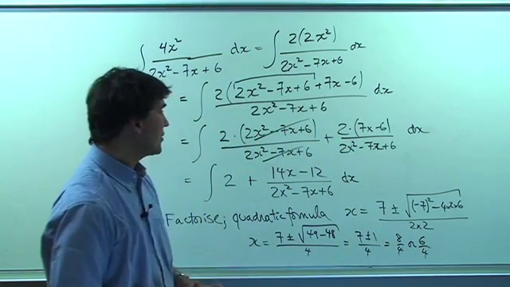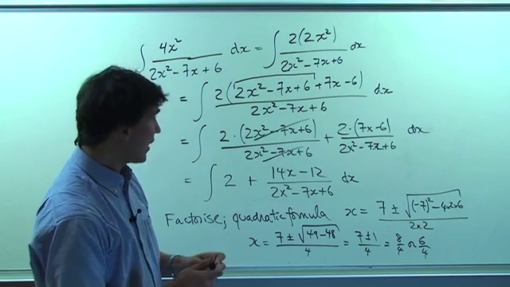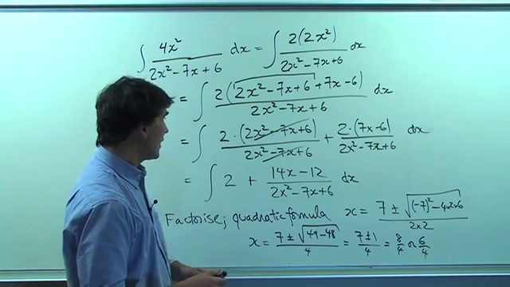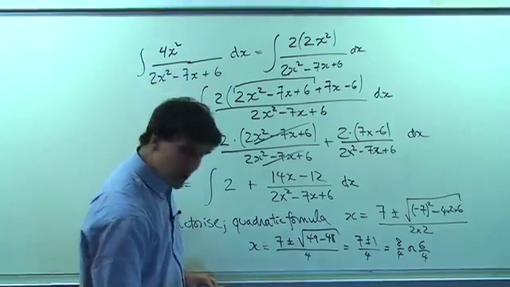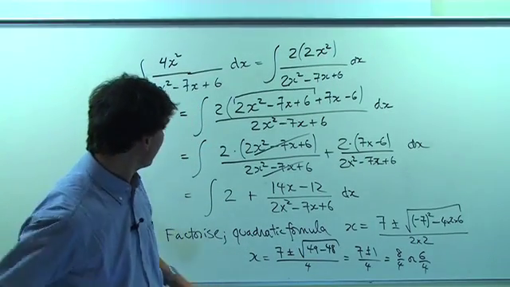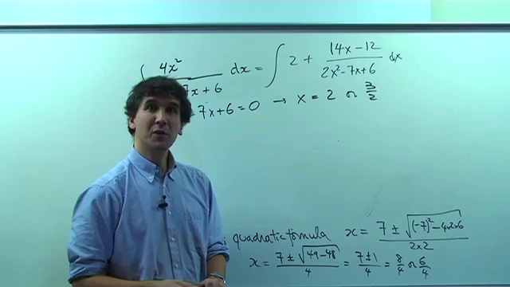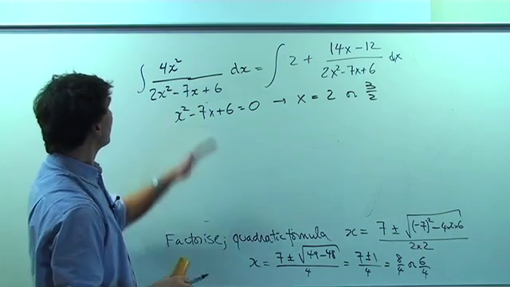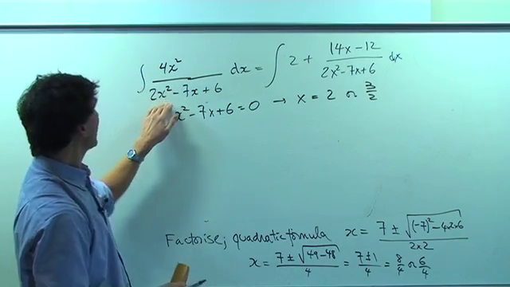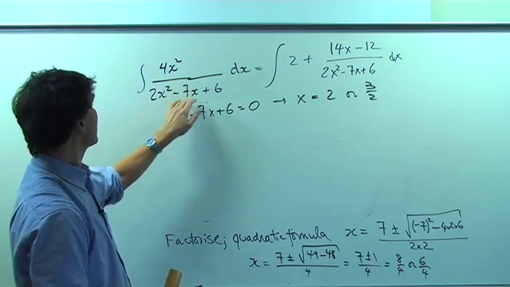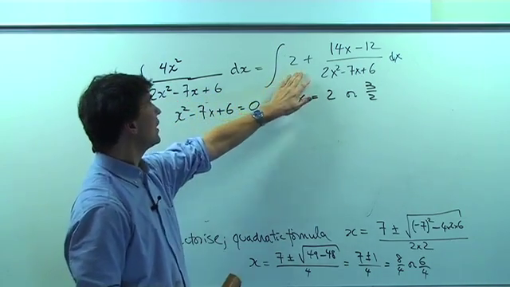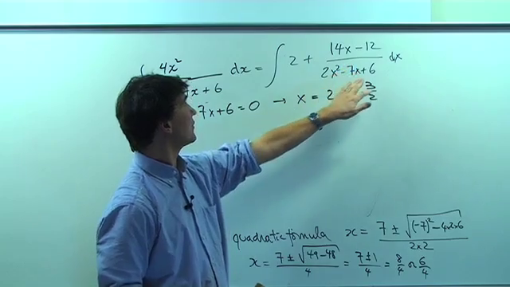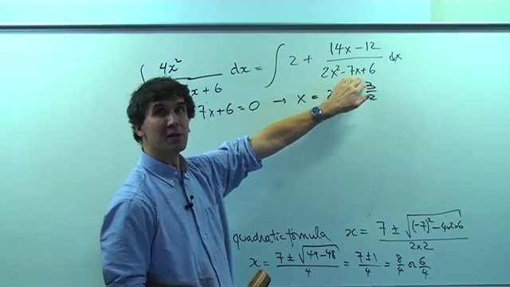So 8 over 4 is 2, 6 over 4 is 3/2, and that will give us our factors, which I'm going to have to make use of the board here. So I've just rewritten it slightly here. We've already simplified 4x squared over 2x squared minus 7x plus 6. We've written it as 2 plus 14x minus 12 over 2x squared minus 7x plus 6.